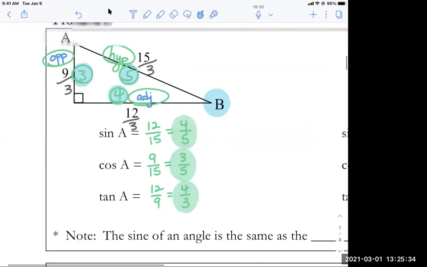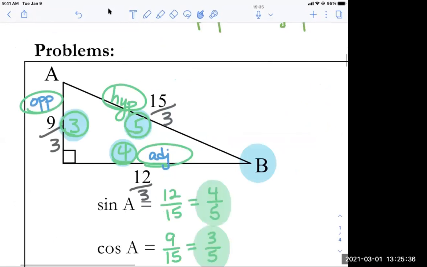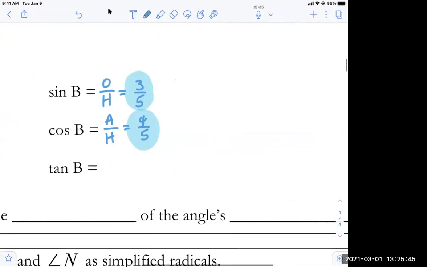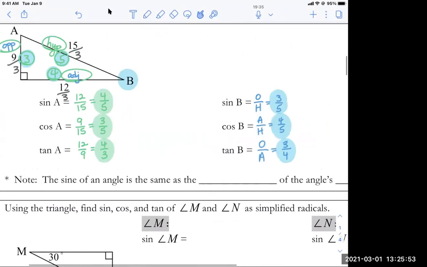And then Allison, can you give me the tangent? It would be 3/4. Opposite over adjacent. Now, I would like you to look at those numbers and tell me if you notice anything. I would like to hear from someone who has not answered a question yet today.